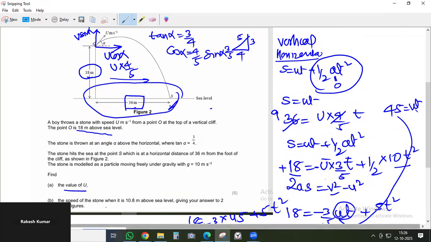Now the speed of the stone when it is at 10.8 above sea level is asked. It was somewhere here, because this is 18. So let's assume this is 10.8, or somewhere here. Not even there, that's too high. It is somewhere here.